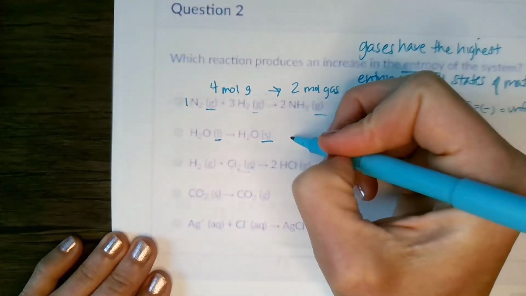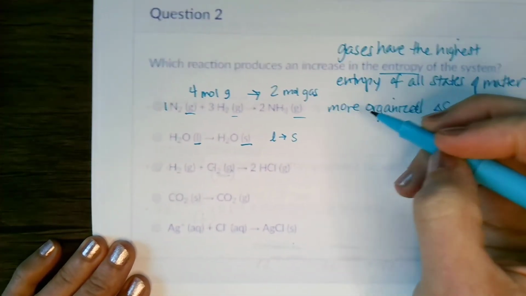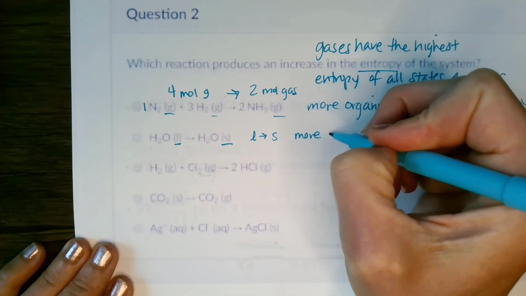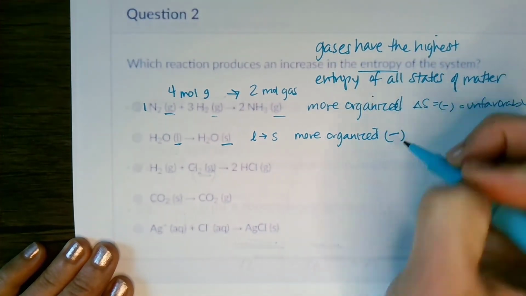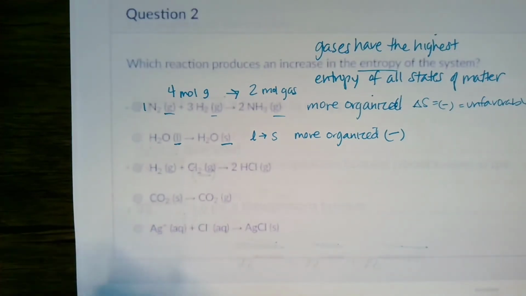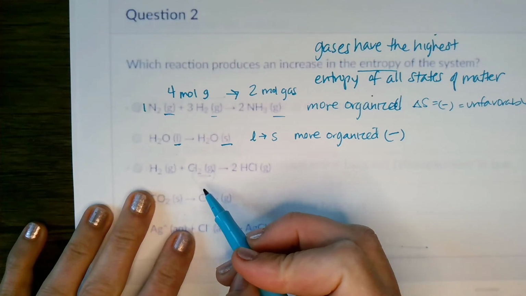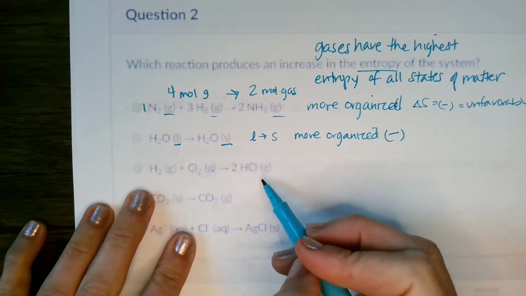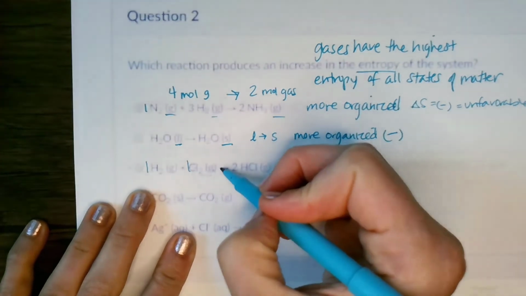All right, let's look at this. I'm going from liquid water to solid water. So a liquid to a solid is becoming more organized. That is negative. That is unfavorable. Here, I've got gas, gas, gas.